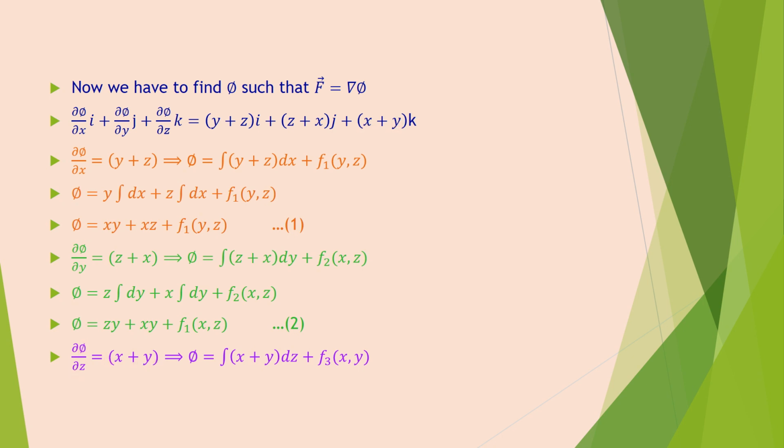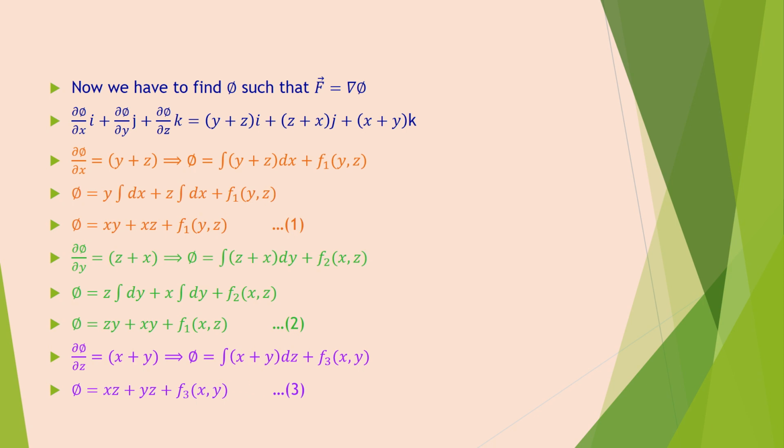We know that differentiation and integration are inverse processes, so φ equals the integration of the right side, that is the integral of (x plus y) dz, plus the constant of integration, which we will write as f3 of x, y, because here z is the only variable, and the rest, variables x and y, are constant. So φ equals the integration of (x plus y) dz, which is xz plus yz plus f3 of x, y. Note it as equation number 3.